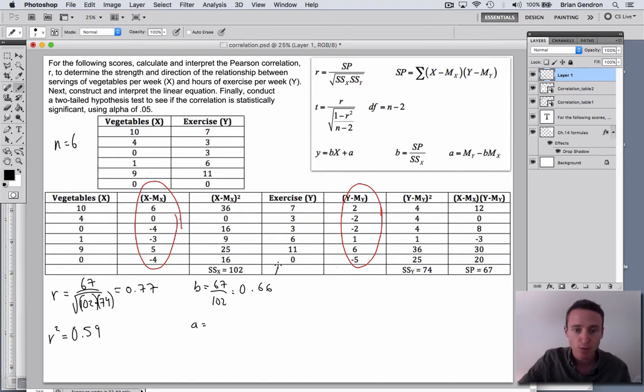For the mean of Y, you add up all the values and divide by 6, since there are 6 of them, which gives you 5. So we know that the mean of Y is 5. Subtract B, which is 0.66, multiplied by the mean of X. The mean of X, as discussed earlier, was 4. And so we can calculate A now.